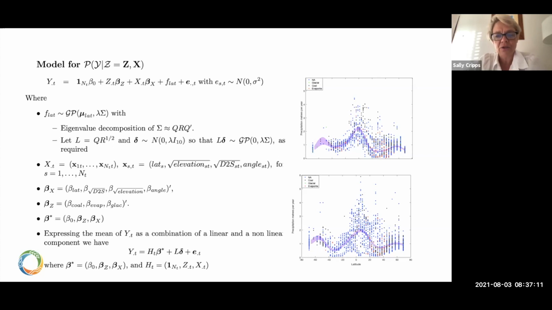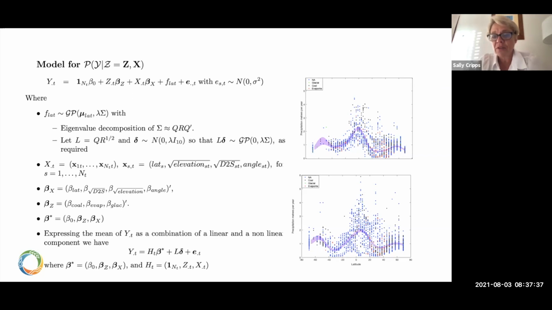If you look to the right two graphs on your screen, you will see plots where the x-axis is latitude and the y-axis is the precipitation. The colour of the dots depends upon what type of deposits were there. The black is coal, red is evaporite, green is glacial, and the blue were locations for which we had precipitation available but no deposit information.